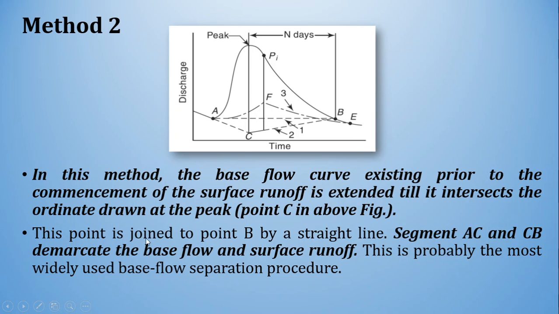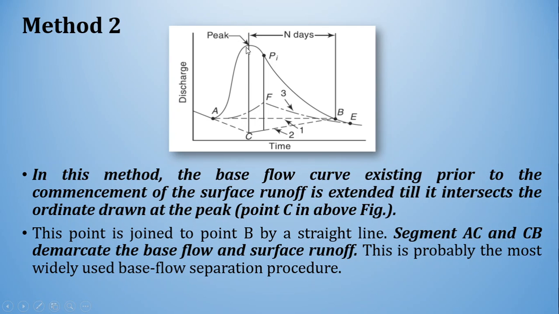This point is joined to the point B by a straight line. The segments AC and CB demarcate the base flow and surface runoff. This is probably the most widely used base flow separation procedure. It is one of the simplest kinds of procedure.